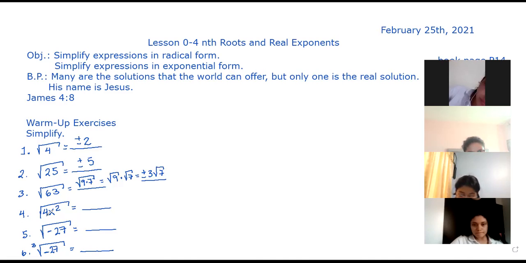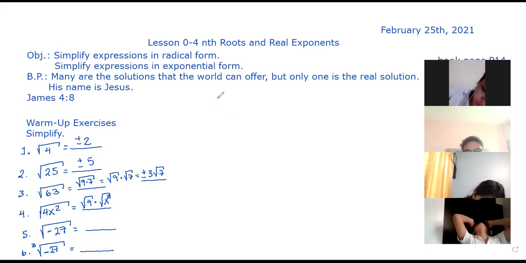Now, this is an x. When you have this 4x squared, we can separate the square root of 4 times the square root of x squared. Now, important data that you should know and that you should remember, because we learned this in 8th grade. That's why I asked you to print the law of exponents.